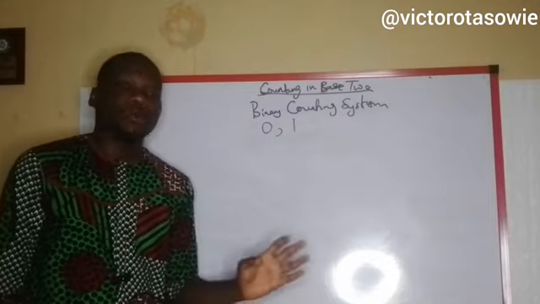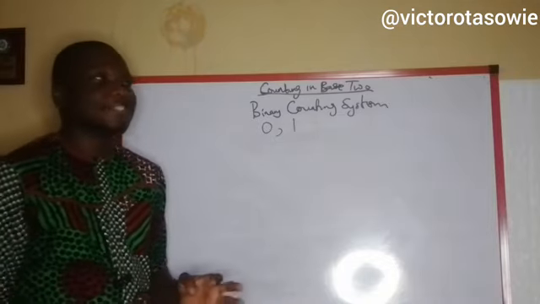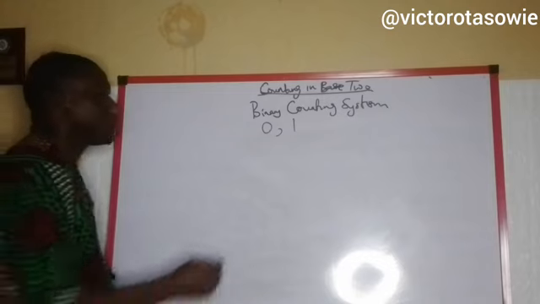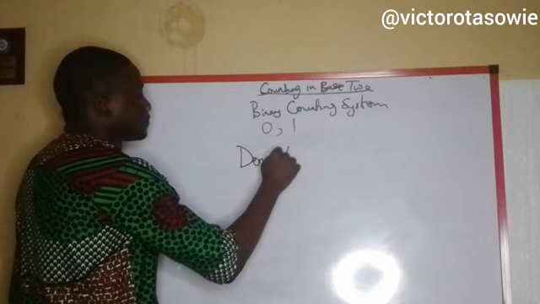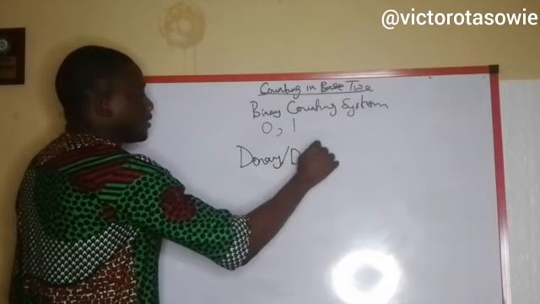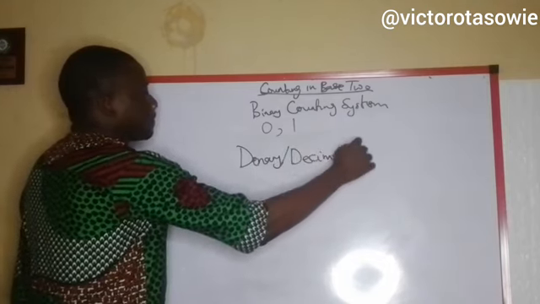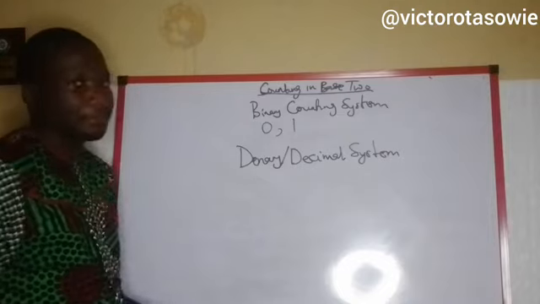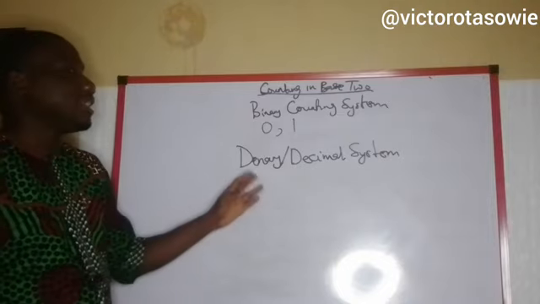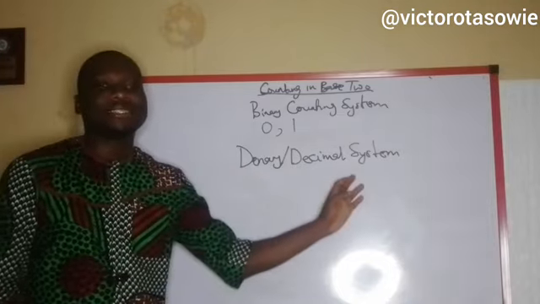So this brings up another aspect, which is: what is denary? We have denary or decimal system. Now, the denary system of counting is the one that deals with base 10.